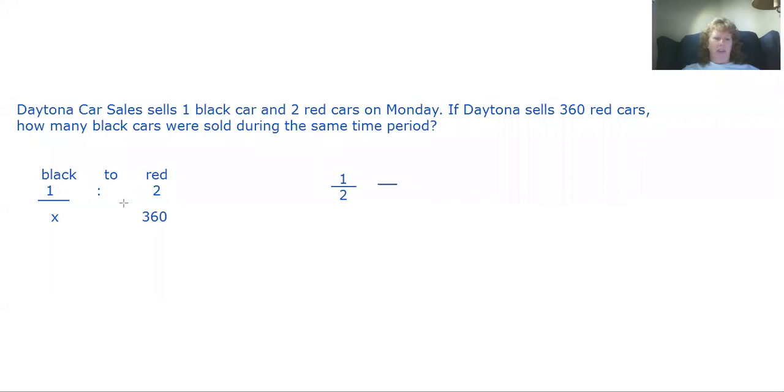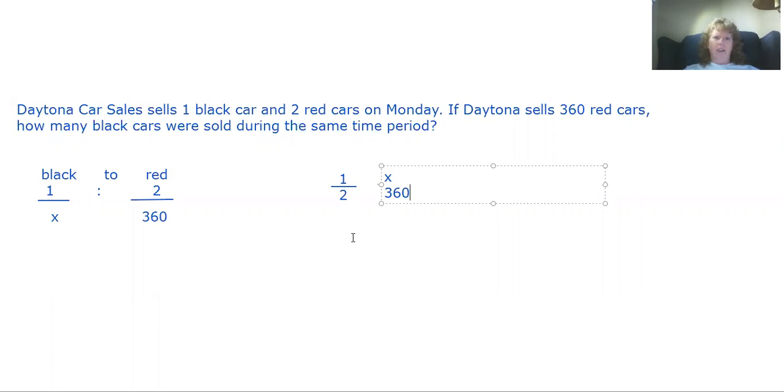I'm going to divide those with a line. Where I have this one written, I haven't made notes about which number stands for which item, but I can remember since it's written right here, black to red. This is also black to red. So black is unknown and red is 360.